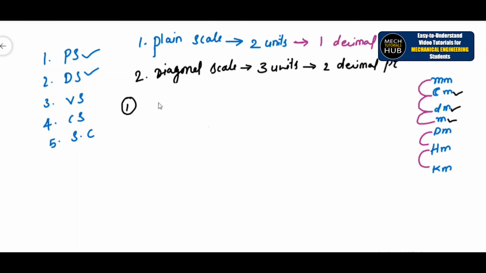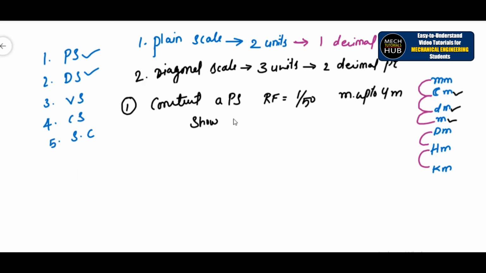Let me talk about a plane scale. They may ask you to construct a plane scale where RF is equal to 1 by 50, and measure up to a distance of maybe 4 meters, and on that 4 meters show a distance of 2.8 meters.